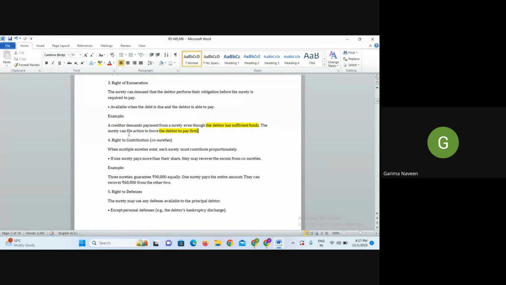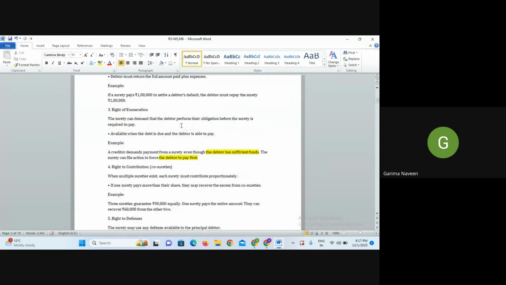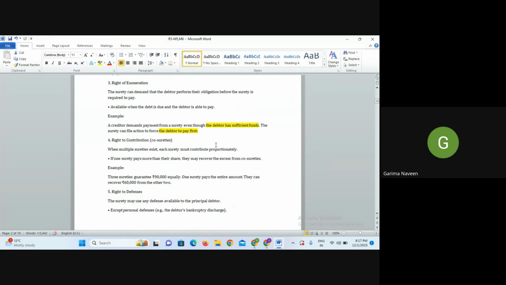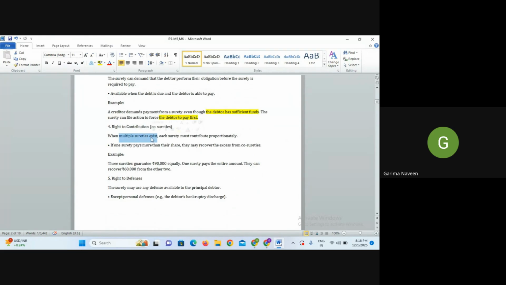Okay, so next is right to contribution. Right to contribution means that if multiple sureties exist, each surety must contribute proportionately. So suppose this 1 lakh is paid by 3 sureties here. Whatever amount they have paid needs to be divided proportionately among the different sureties.